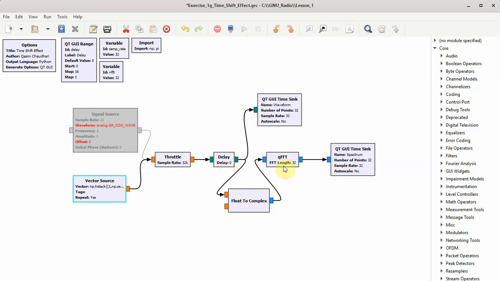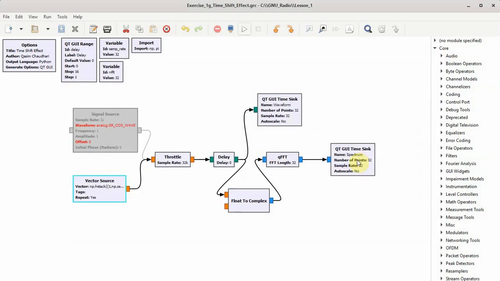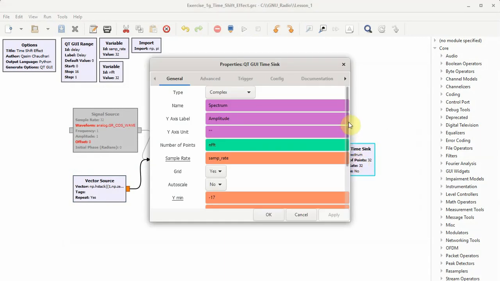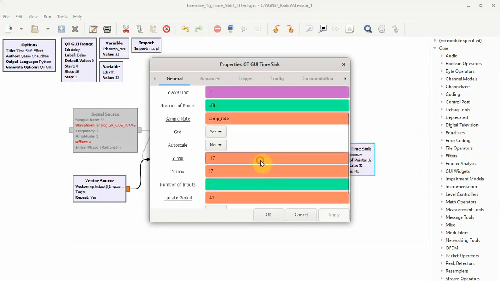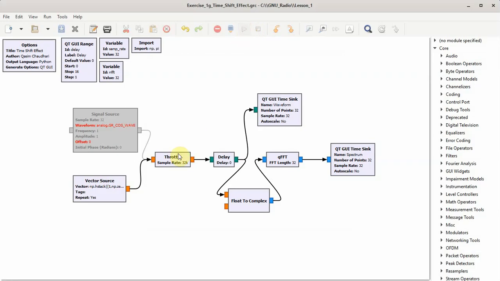And now when we run the flow graph, we can see that there is some problem of scaling. The amplitudes are very small, so we adjust our spectral resolution, minus 1.25 to 1.25, so that we can clearly see what's going on.